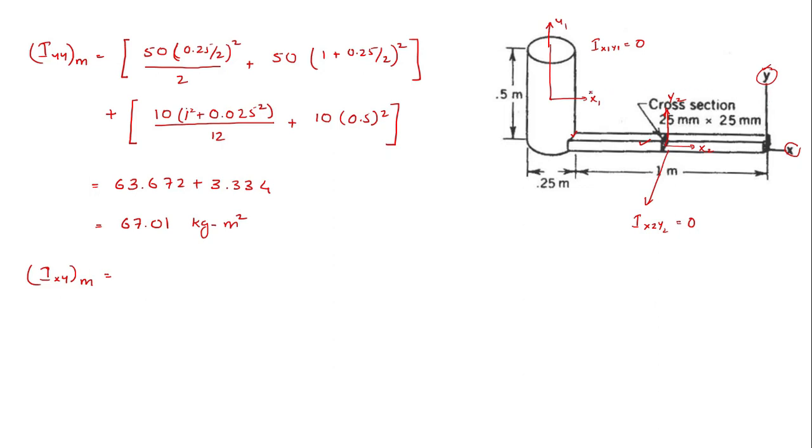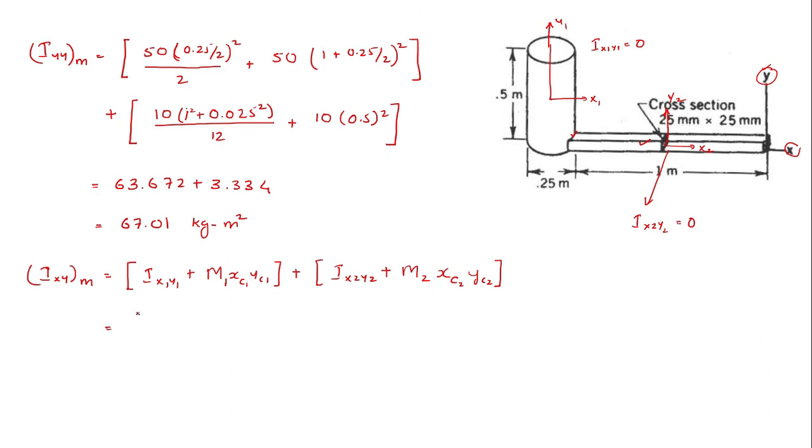So I should use the transformation of the coordinate equation in order to express it in terms of x and y. So this as such will be equal to, for the cylinder, Ix1y1 plus m into xc1 yc1, plus Ix2y2 plus, say if we call this m1, m2 into xc2 yc2.